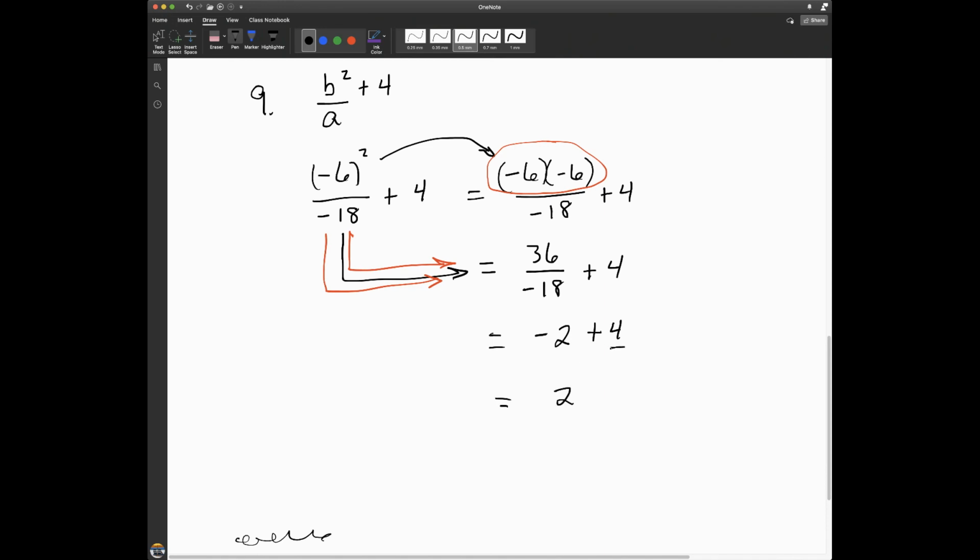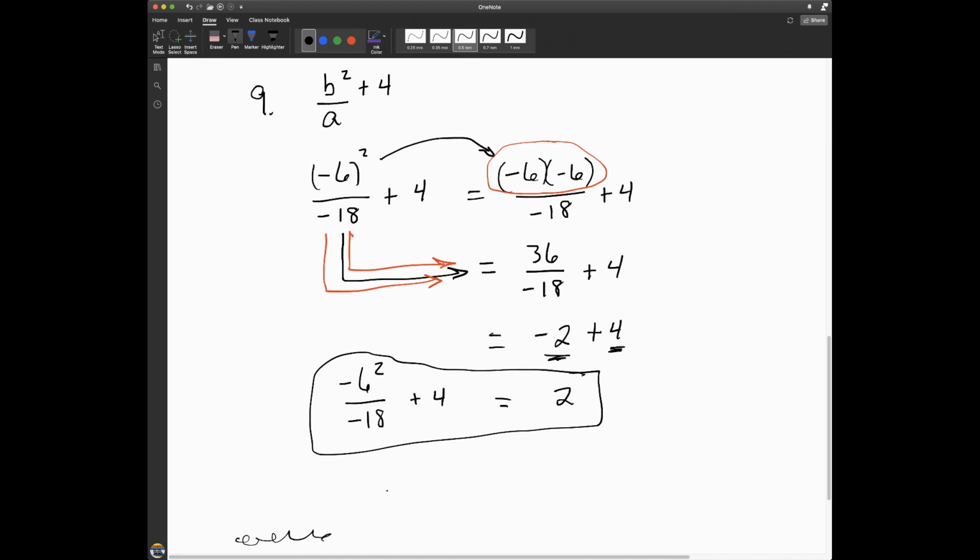The absolute value of 4 is bigger, so my answer should be positive. So negative 6 squared divided by negative 18 plus 4 equals 2.